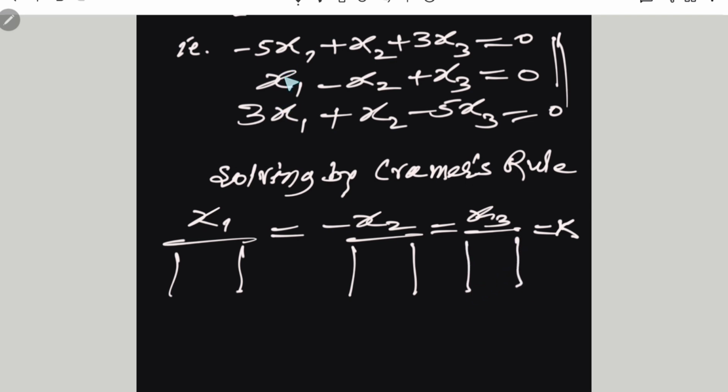Neglecting the first column, take the determinant of the coefficients of the remaining: 1, 3, minus 1, 1. Then neglect the x2 column and take the determinant of the remaining, that is minus 5, 3, 1, 1. Then neglecting the column of x3, the determinant of the remaining: minus 5, 1, 1, minus 1.